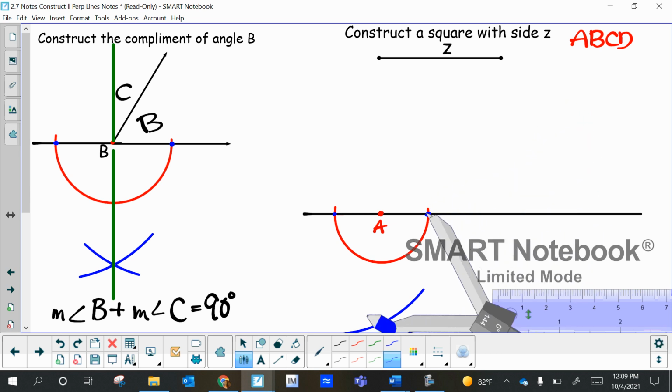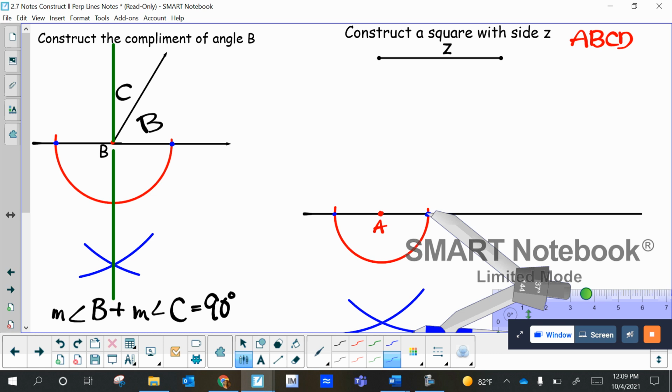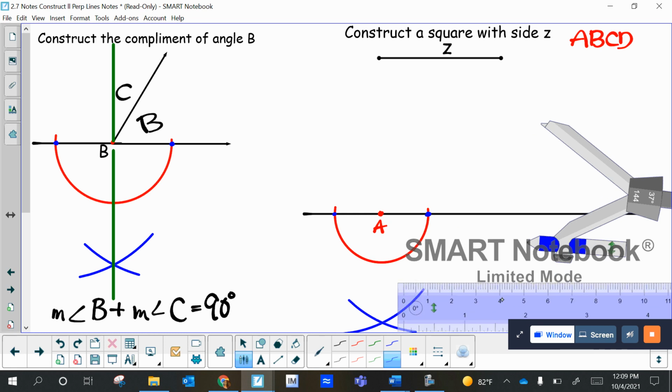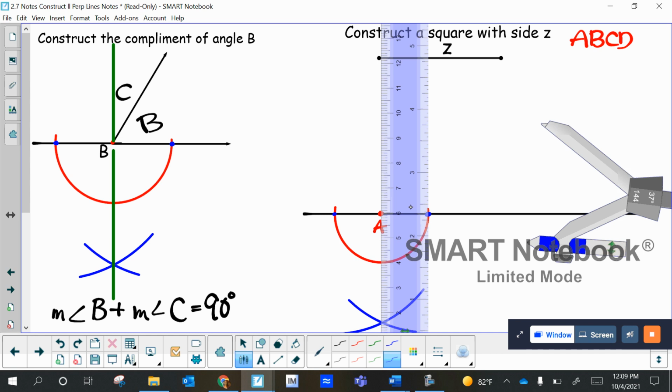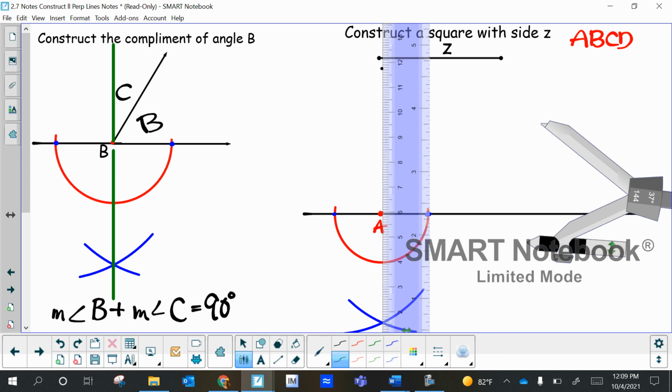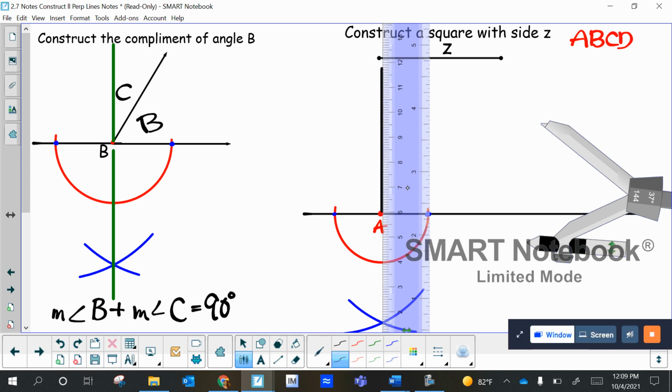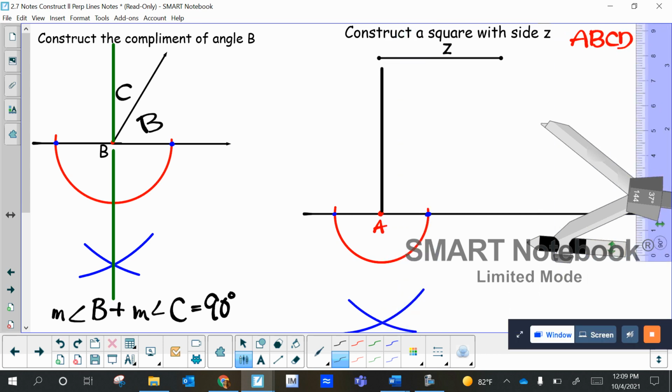It doesn't matter, just as long as you have it above or below. All right, so now I'm going to line those up. And so that way I start off my square with one of the corners, one of the vertices. Okay, and there we go. So then now I have a corner of my square.